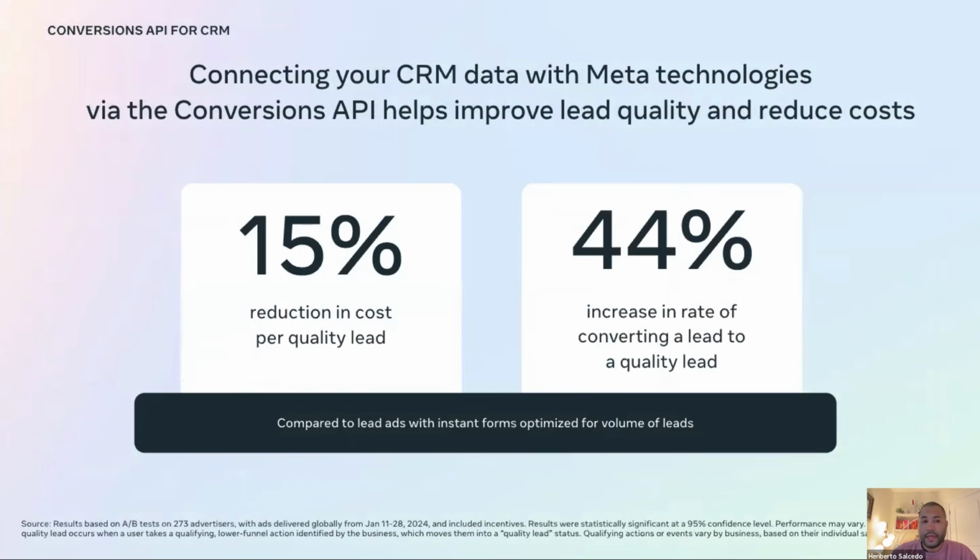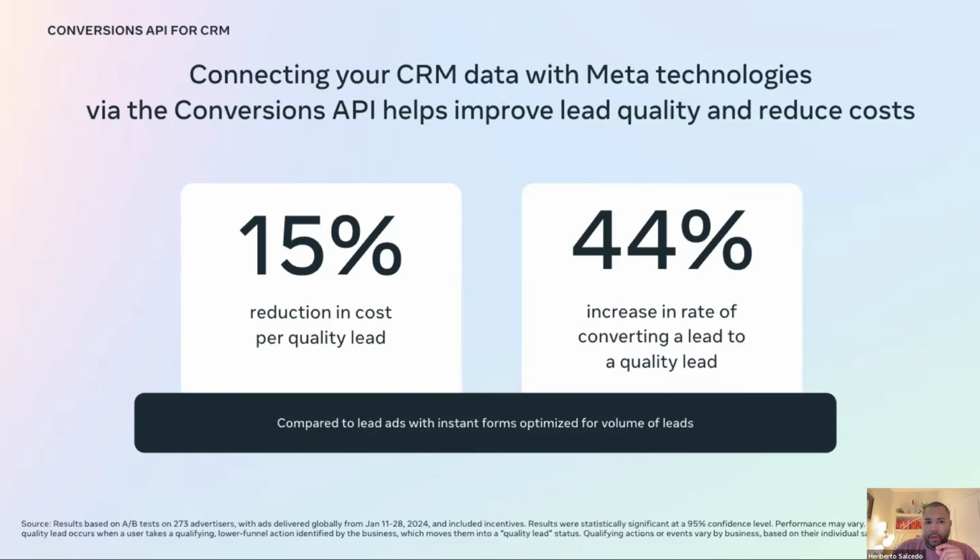So we're seeing just from a macro perspective, huge results in improving performance when you're running instant form campaigns and connecting your CRM data back, sending data back via your CRM via Conversions API.